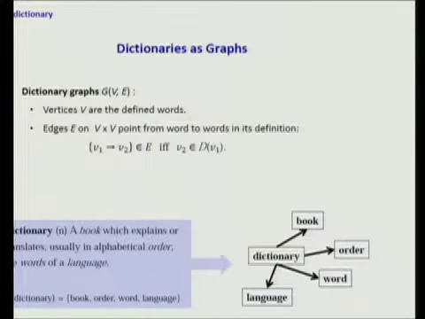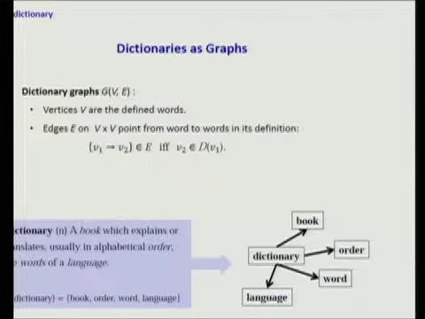And edges connect two words in a directed graph: an edge connects V1 to V2 if V2 is part of the definition of V1. So if we look, for example, at the definition of dictionary, we see that this is a book which explains or translates, usually in alphabetical order, the words of a language.